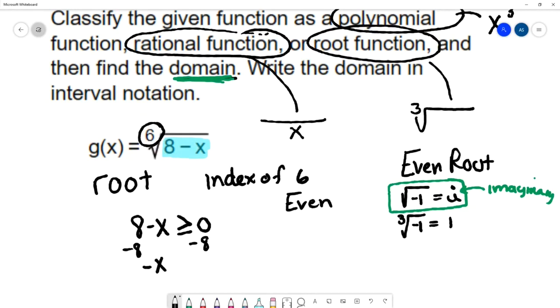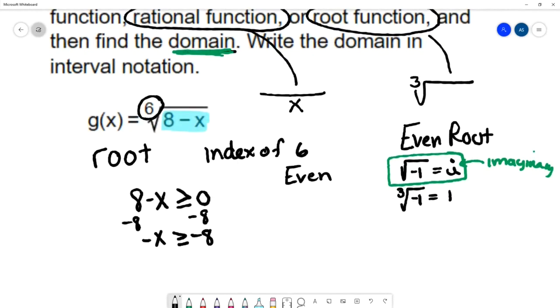That's -x is greater than or equal to -8. I'll divide both sides by -1, and that gives x. I'm going to reverse the inequality symbol because I divided by a negative. And -8 divided by -1 is a +8. This is our domain. This is how we avoid having a negative underneath that even root.